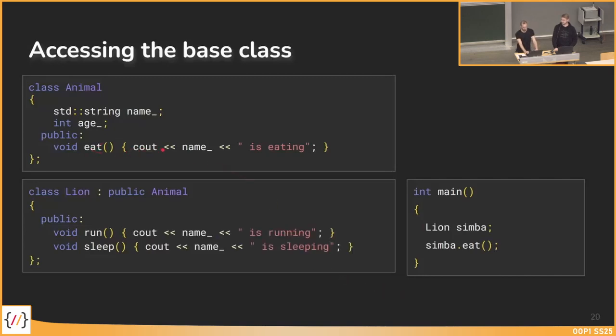So far, so good. What if we now want to access the name from the base class in the derived class? Does anyone have an idea what will happen here? If you want to access the name member in the subclass lion, which is declared in the base class animal. This name here is also private.